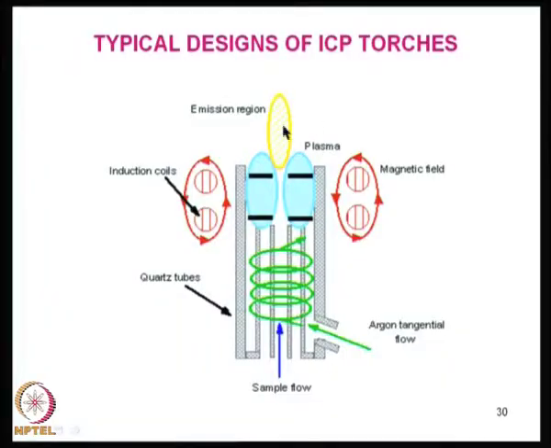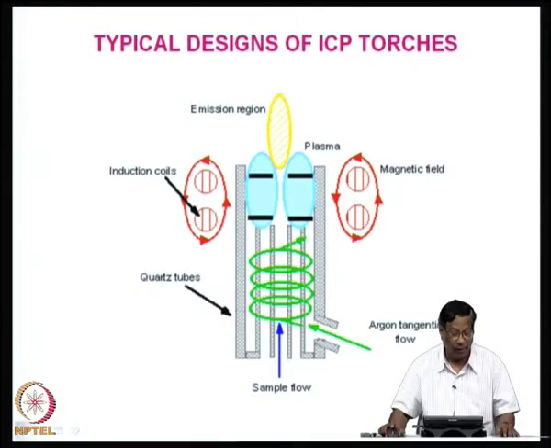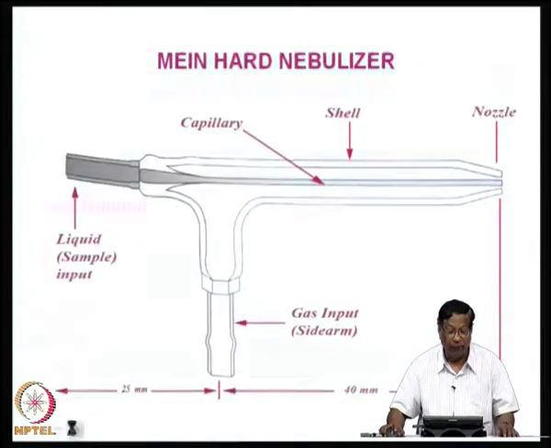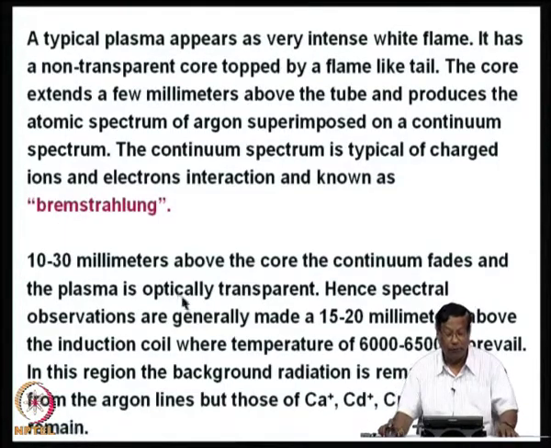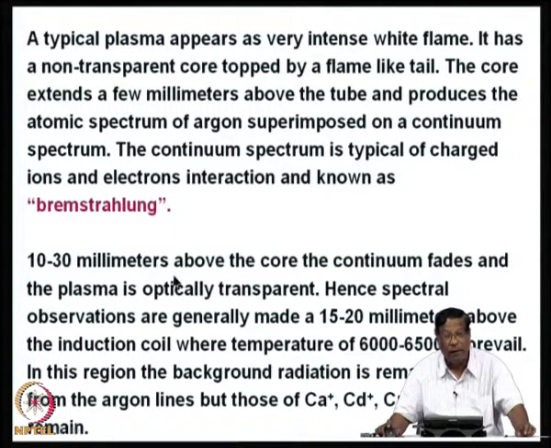So, approximately 10 to 30 millimeters above the core, the continuum fades off. You should try to remember this figure here. 20 to 30 mm, the argon continuum fades away, and the plasma is optically transparent.